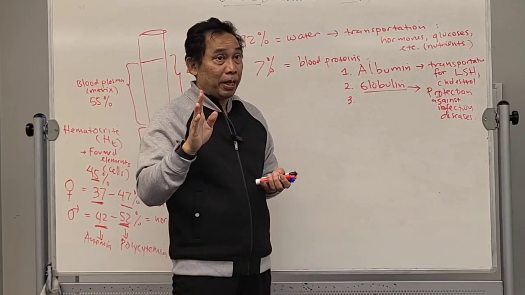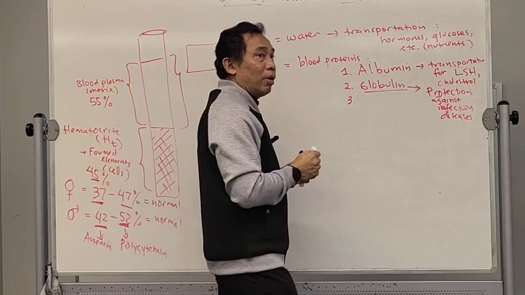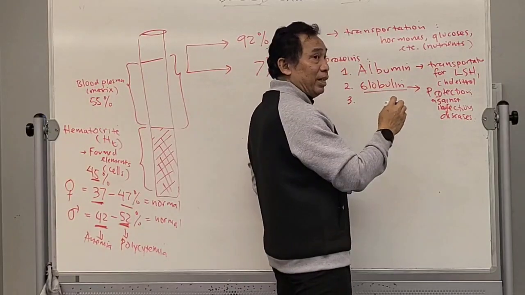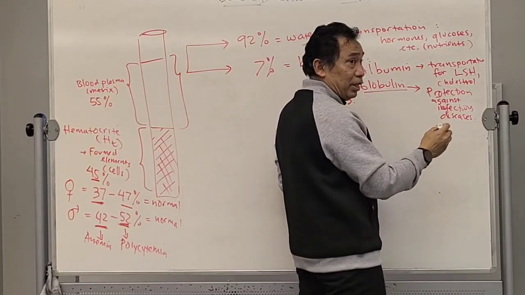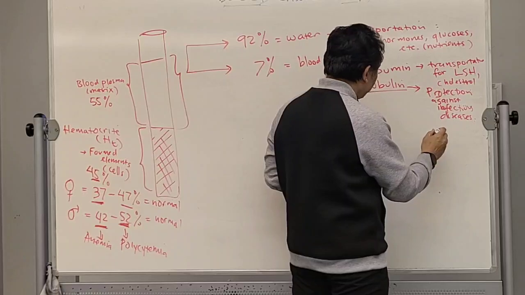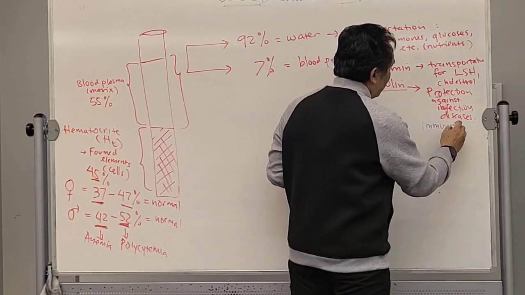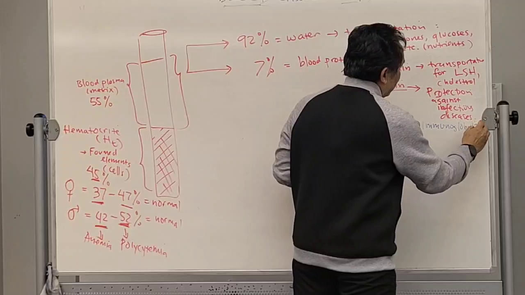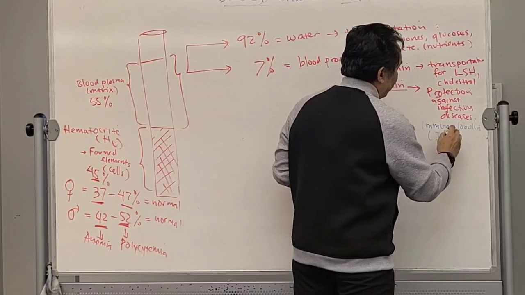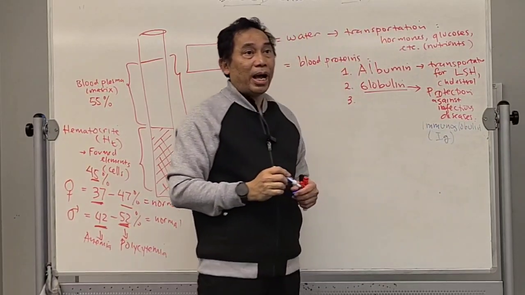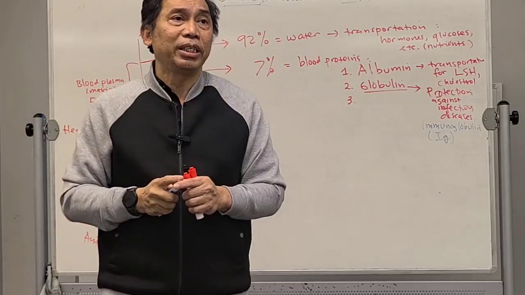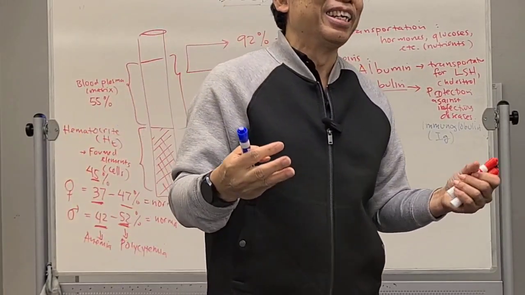Okay, you and me? And we have 5 types of globulin that fight against infectious disease in our body. It is called the immunoglobulin, or sometimes it's called the Ig. So Ig means immunoglobulin. What is that? Immune. What does immune mean?